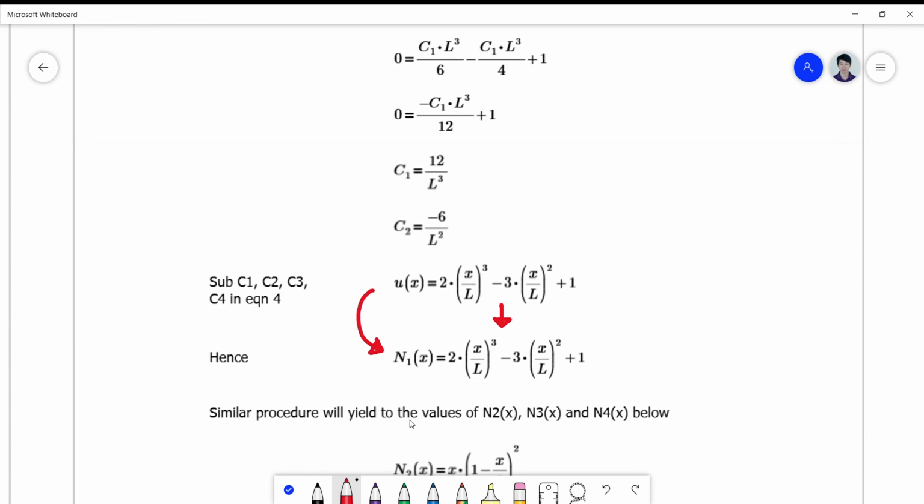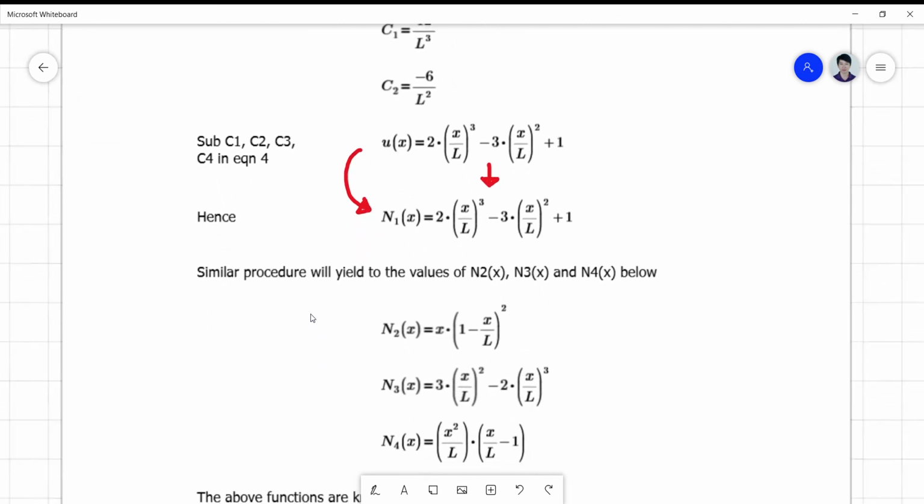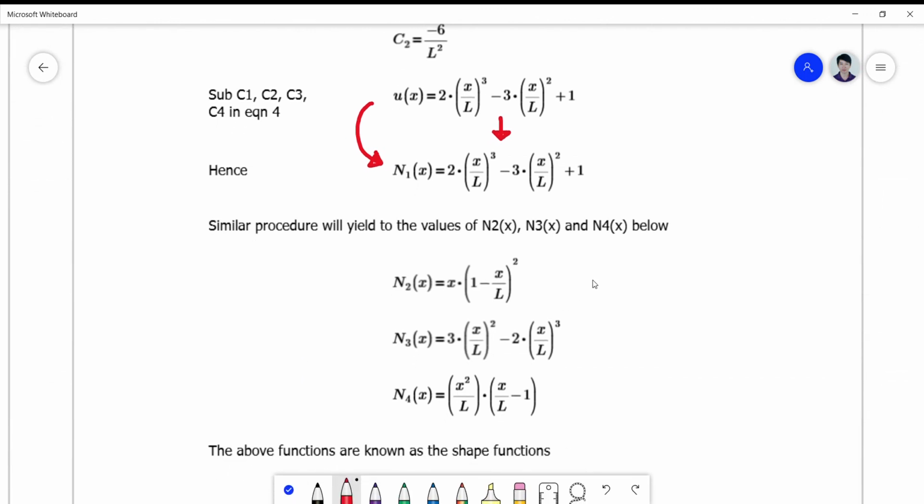And using the same procedure will yield our values for n2x, n3x, and n4x below. Okay, so you need to take note that for n2x, n3x, and n4x, new boundary conditions must be set. So what are those boundary conditions?